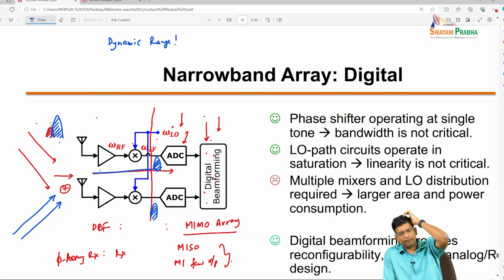Sure, but if you are generating an RF DAT in even an LO array, right? Even in an RF phase shifting array, whatever the DAT puts out, the DAT puts out, right?